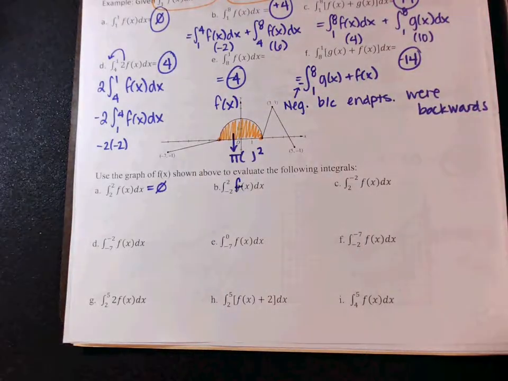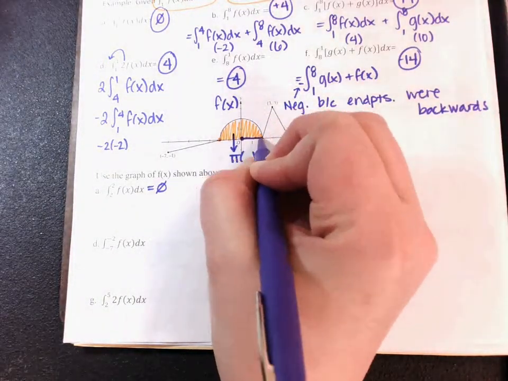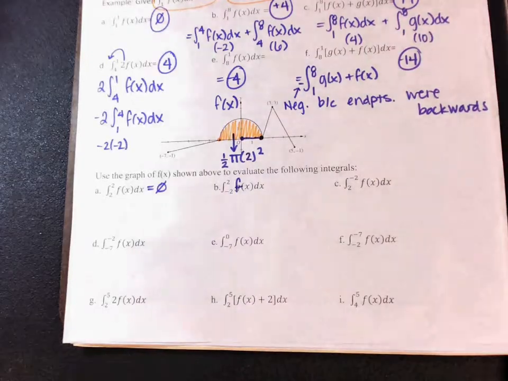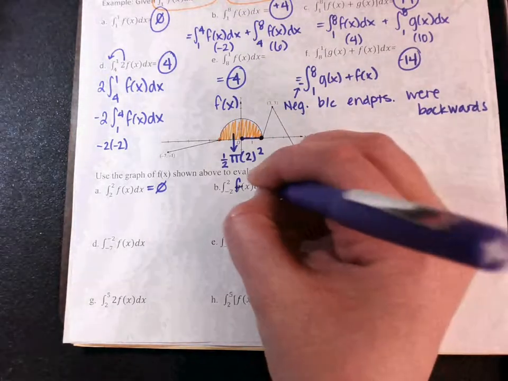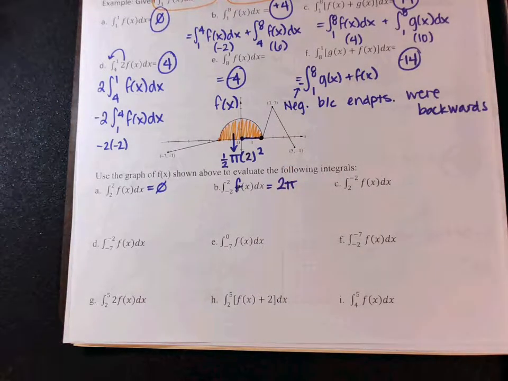And then what's my r? Okay, good. From here to here is 2. But then I only want half of it. So 2 squared is 4. So it's really 4 pi. But then only half of 4 pi would be 2 pi. Now, question. Should my 2 pi be positive or negative? Positive because it's where? Above.